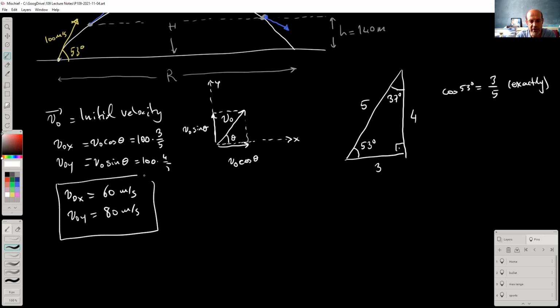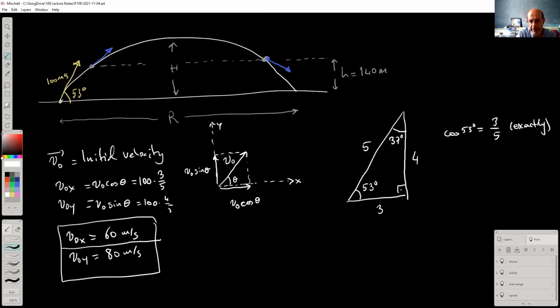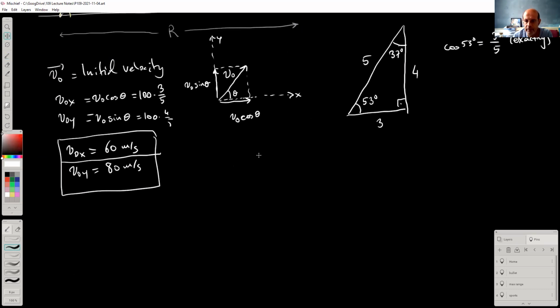So along the x direction, it will be moving with constant velocity of 60 meters per second. But along the y direction, it does this usual motion. So the whole motion is a free fall motion. Again, just keep in mind, even when it is ascending in here, when it is going up, it is still in free fall.